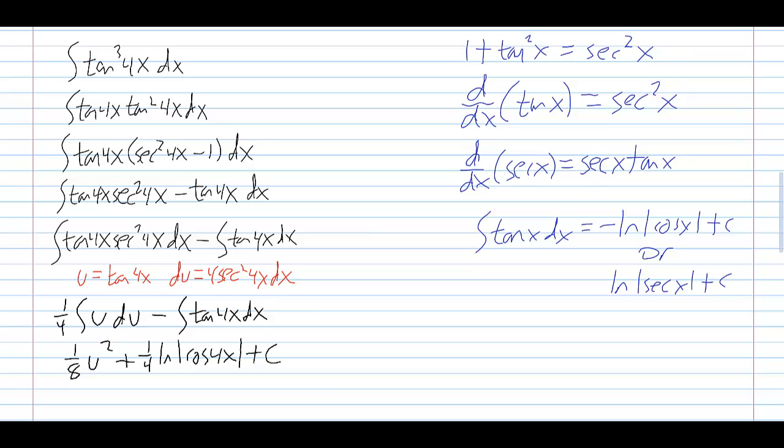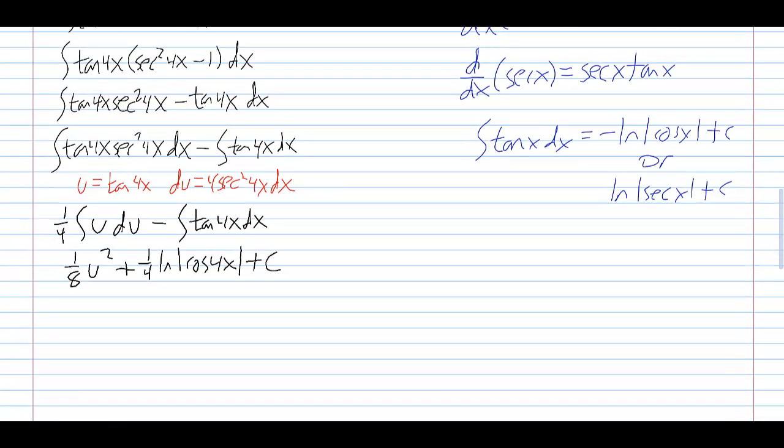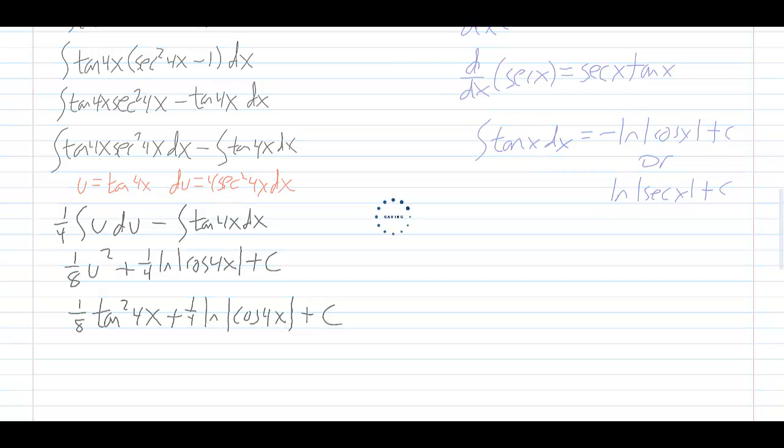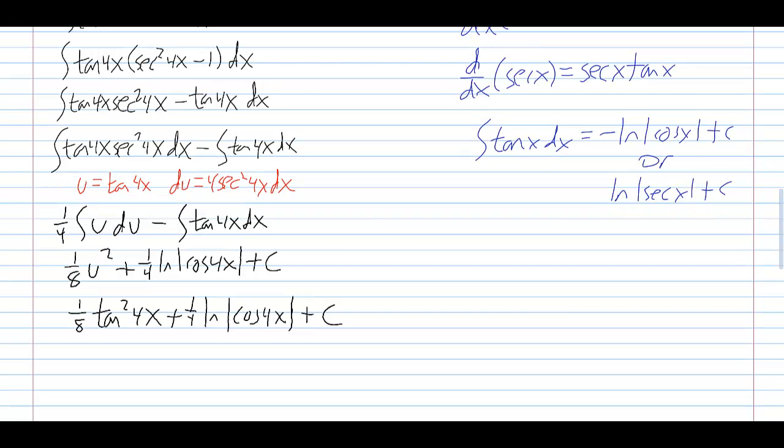And then resubstituting in, we finally get 1/8 tangent squared 4x plus 1/4 natural log absolute value cosine 4x plus c. And that's all there was to that one. So I hope you found that to be a pretty friendly trigonometric integral to do. And that's it. Thanks for watching.